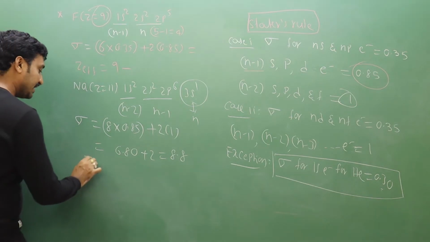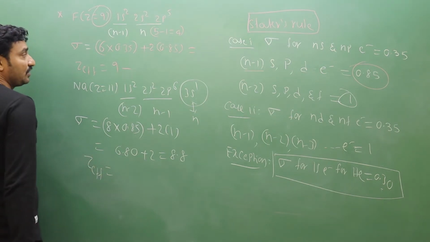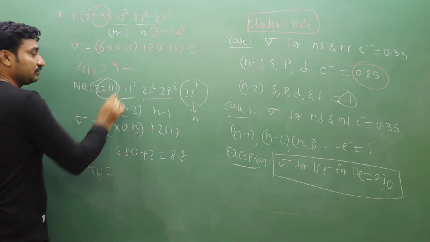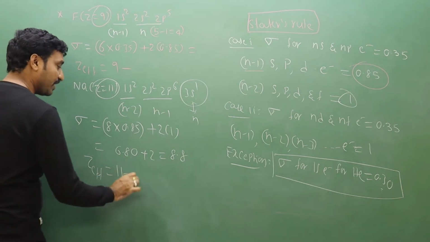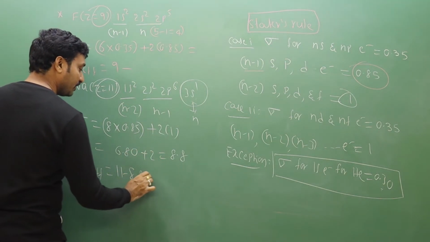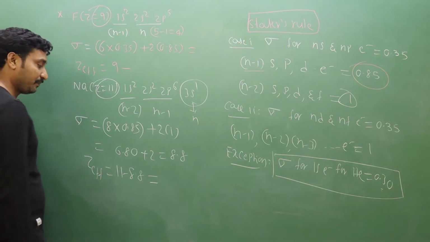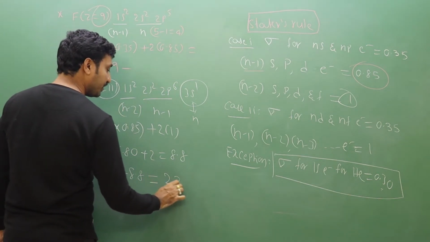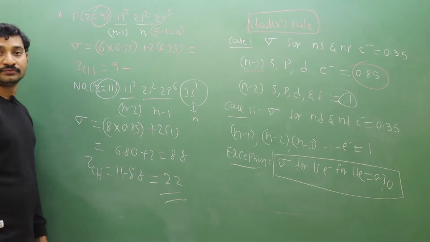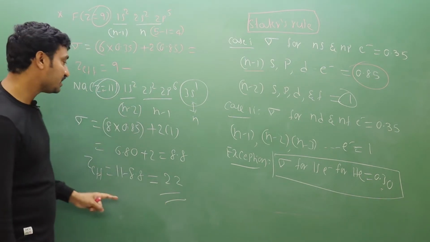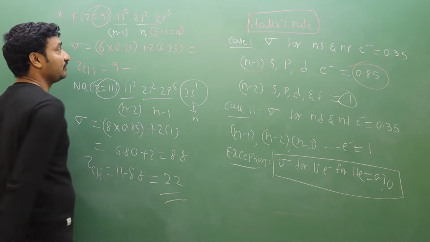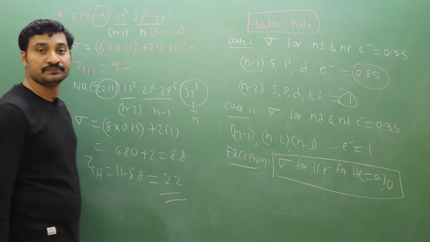Then Z effective equals the actual nuclear charge, 11 protons, 11 minus 8.8, that is equal to 2.2. Clear? So this is Z effective for the 3s electron in sodium.